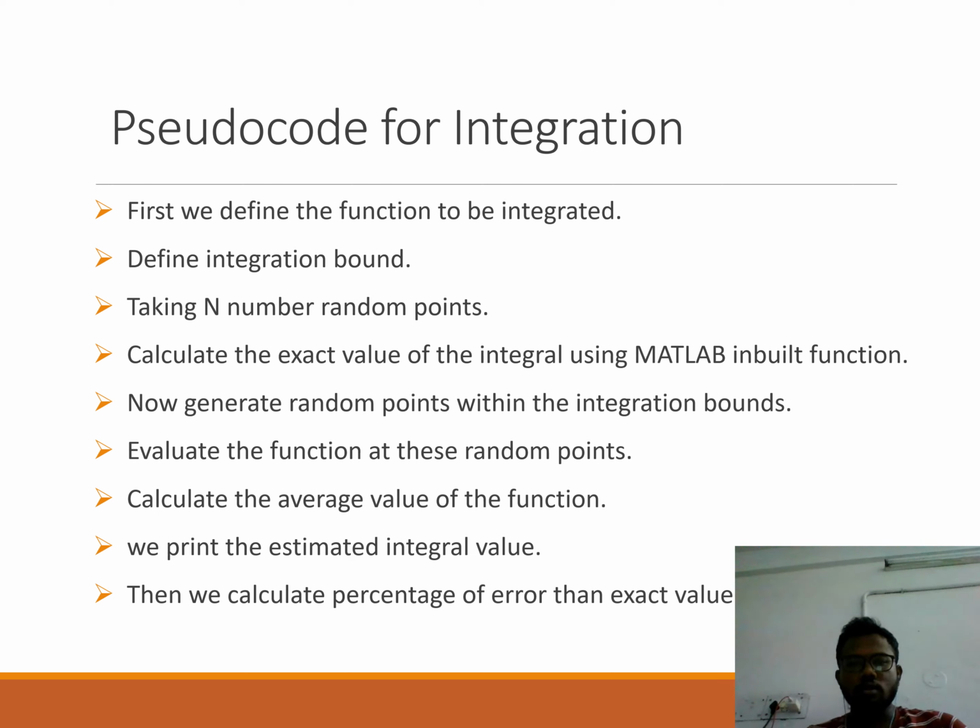Now generate the random points within the integration bound. Then we evaluate the function at these random points. Then we calculate the average value of the function. This is the estimated value of the integral. Then we calculate the percentage error from the exact value of the integral.